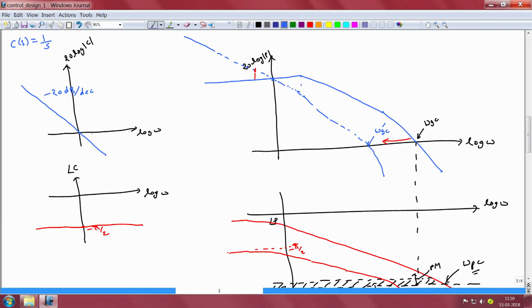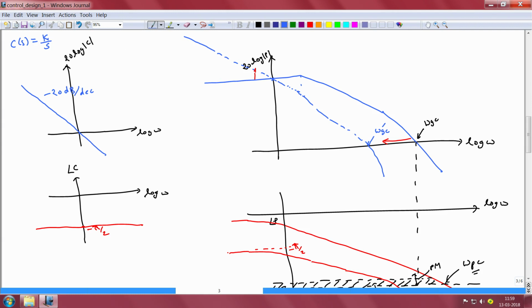The reason this has happened, of course, is evident if we return to the Bode plot of the controller. So, we see that this controller has a gain that is less than 0 dB beyond omega equal to 1. More generally, if we choose a controller of the form C of s is equal to k by s, it would have a gain less than 0 dB beyond omega equal to k.